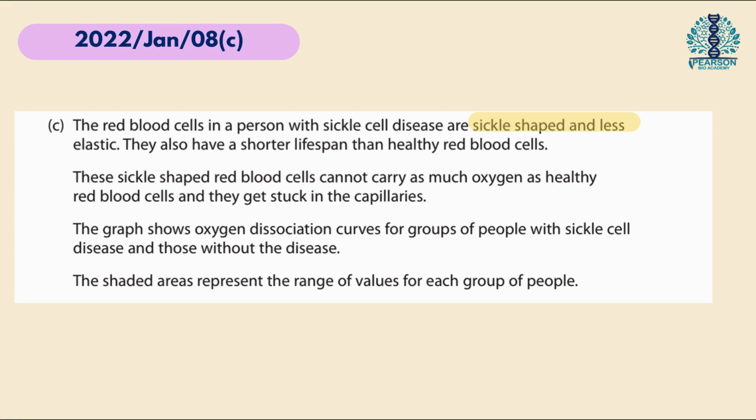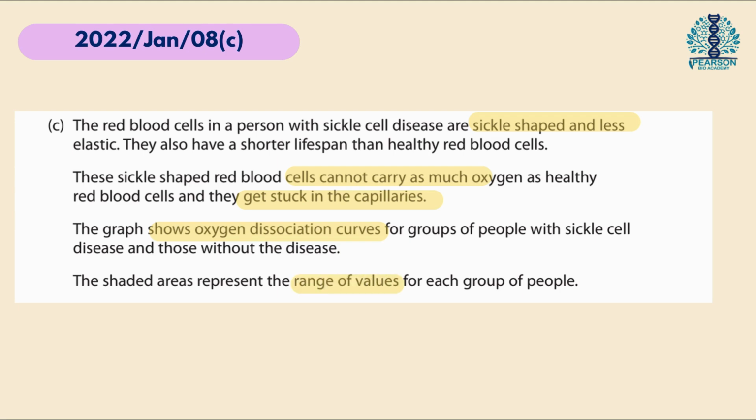These sickle shaped red blood cells cannot carry as much oxygen as healthy red blood cells, and they can get stuck in capillaries. The graph shows oxygen dissociation curves for groups of people with sickle cell disease and those without the disease. The shaded areas represent the range of values for each group.